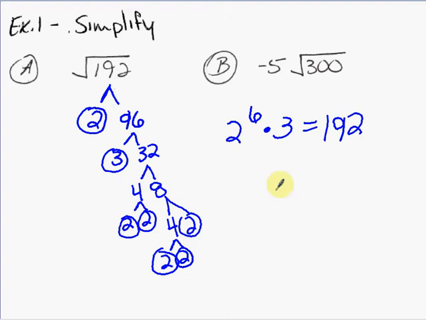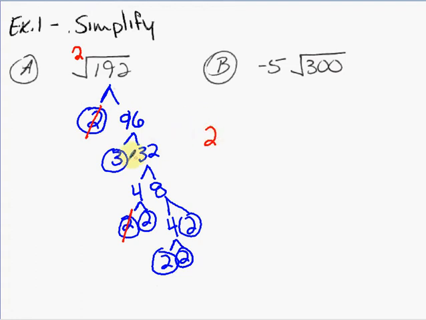Let's erase this here. Alright, so we write that prime factorization or make the tree, and we'll use a different color to show this. I have to realize that the index is a 2 there even though I don't see it. So I look for pairs, or groups of 2. There's a pair of 2's, so I bring a 2 outside.